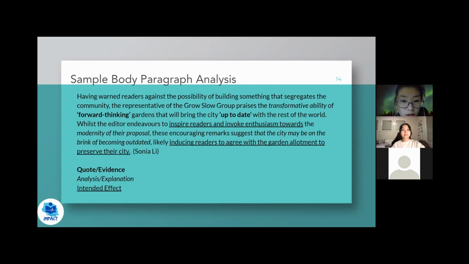And then we've got the intended effect, so essentially to agree with this author's purpose, with the garden allotment, with the overall big picture aim to preserve the city. So yeah.